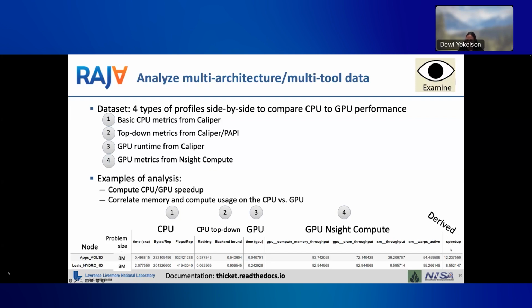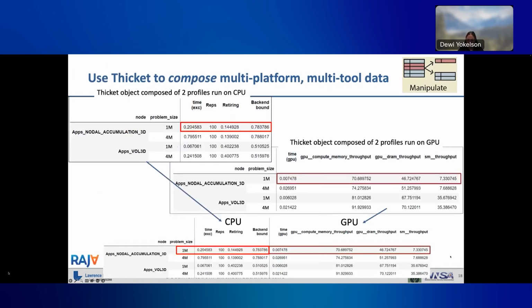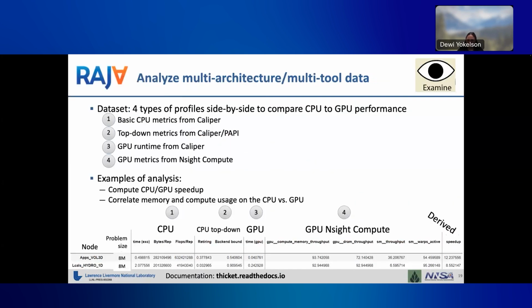So we can look at the time spent on the CPU divided by the time to complete on the GPU, and that gives us our speed up column here.